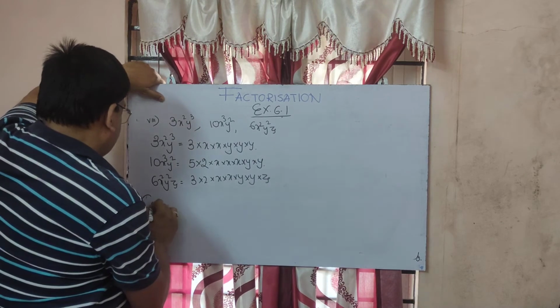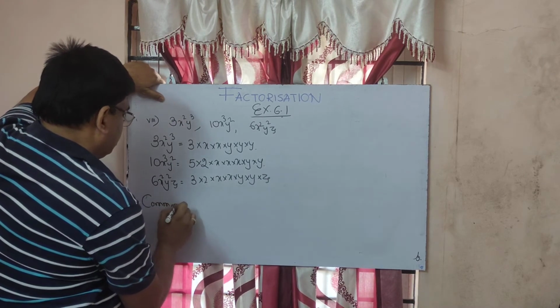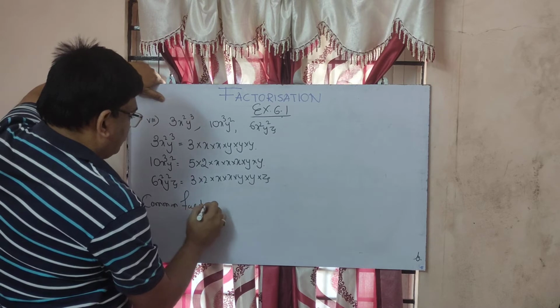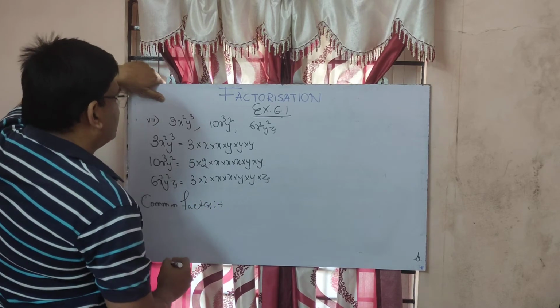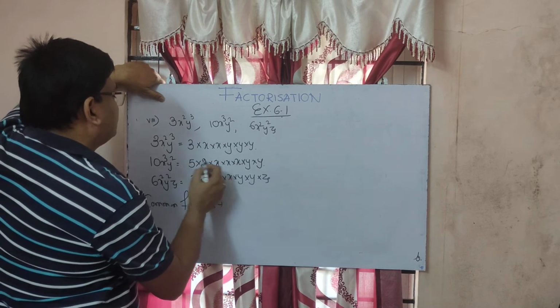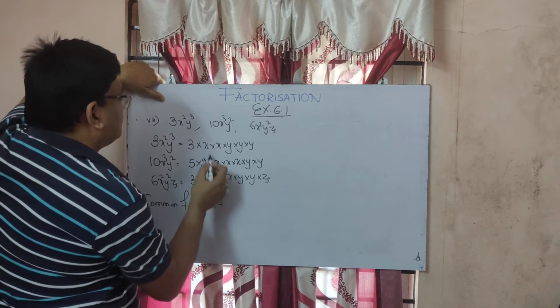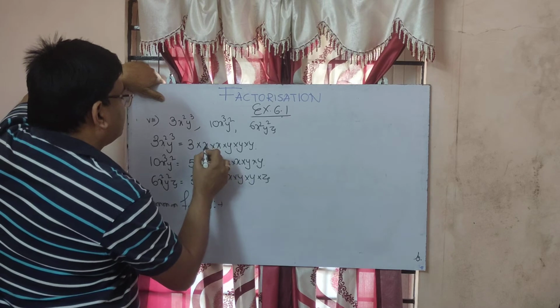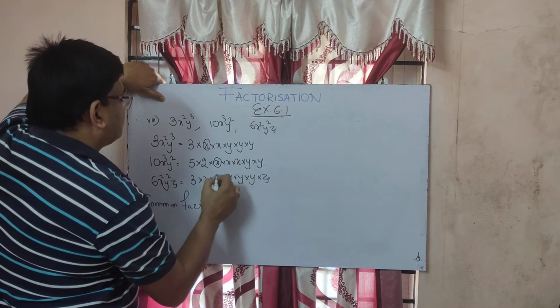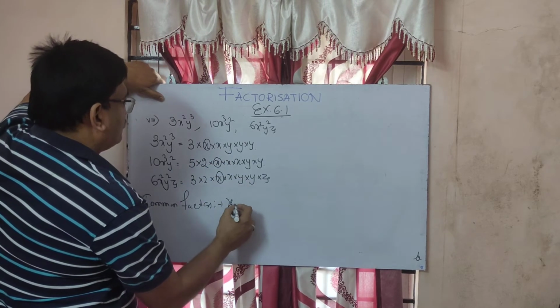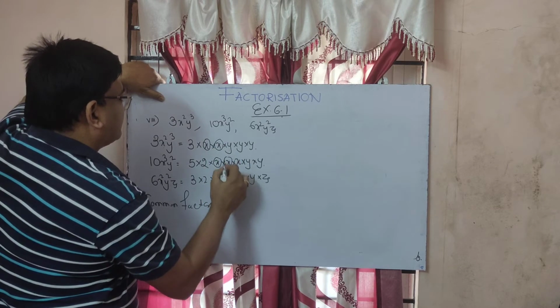Now you have to find the common factors. Now you can see 3 is here but 3 is not there, so forget about it. Now 2 is here, but there is no 2 there. Now you can see x, x and x, another x, another x, another x.